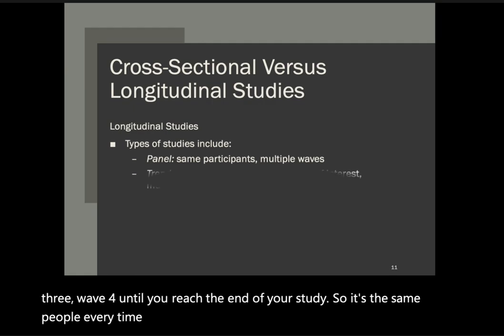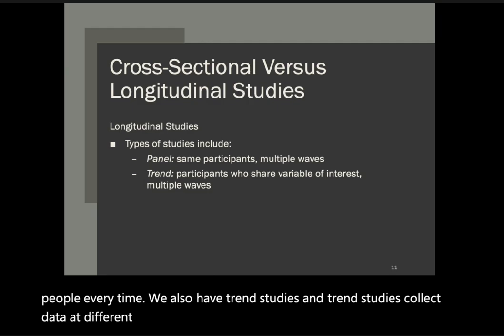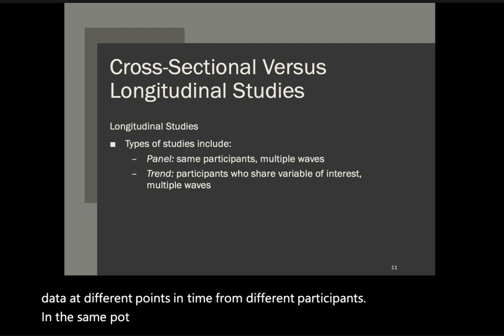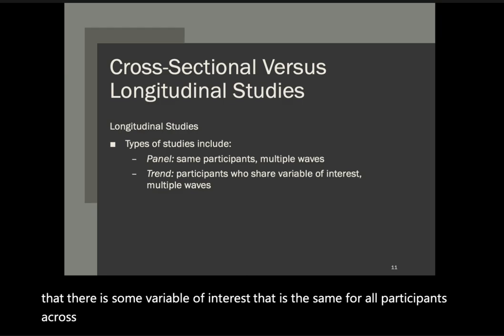We also have trend studies. Trend studies collect data at different points in time from different participants in the same population. The key with trend studies is that there is some variable of interest that is the same for all participants across each wave of data collection.